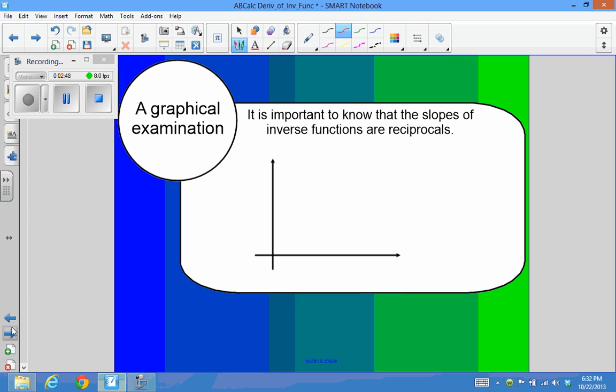So let's just look at, say, y equals 2x plus 1. That's my original function, so I'm going to call that f of x.